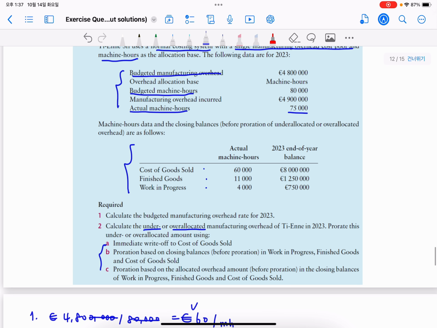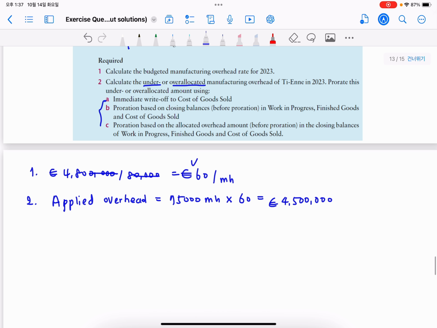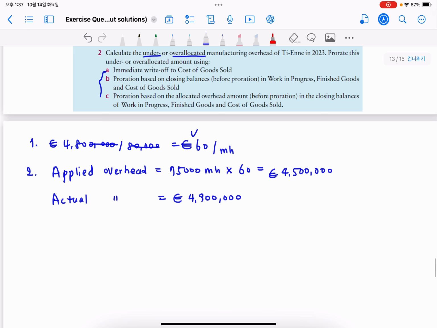Now, let's see the actual overhead. Actual overhead is right here, noted as 4.9 million euro. So we can clearly see that the applied overhead is less than the actual overhead, which means that there is an under allocation.